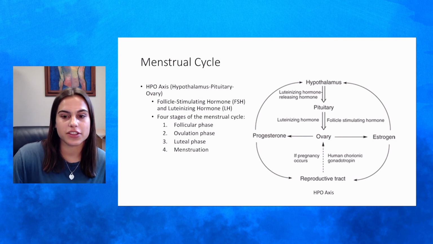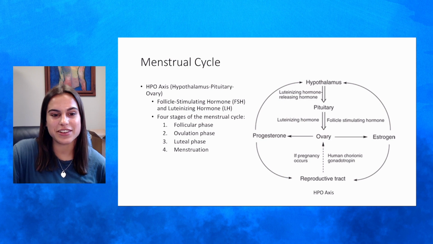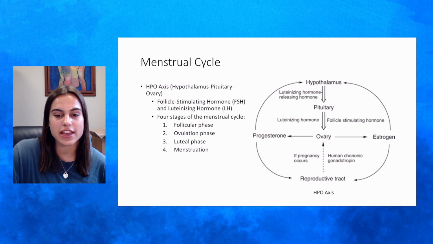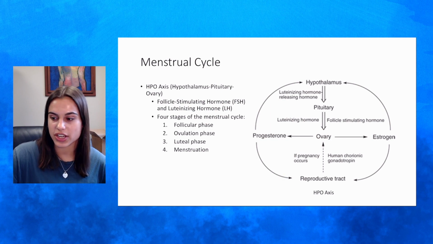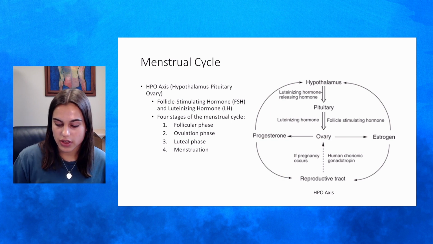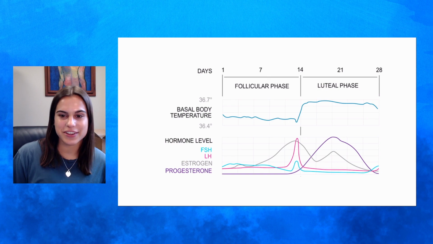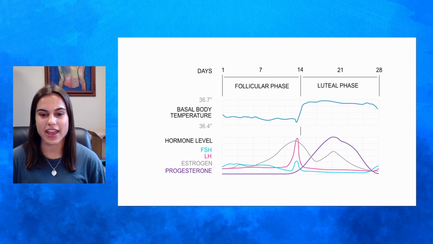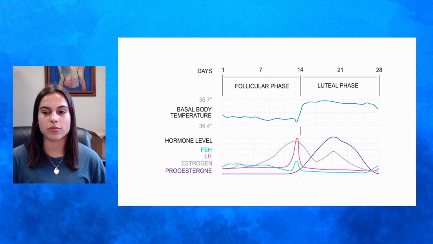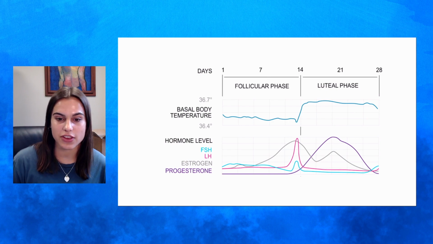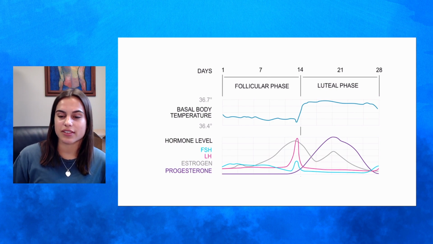So there are 4 stages of the menstrual cycle, and those include the follicular phase, the ovulation phase, the luteal phase, and menstruation. So during explaining this, I'll refer to this diagram because it really helps to understand, and the most important part I find of this is looking at the hormone levels, because it just makes it all make a lot more sense.